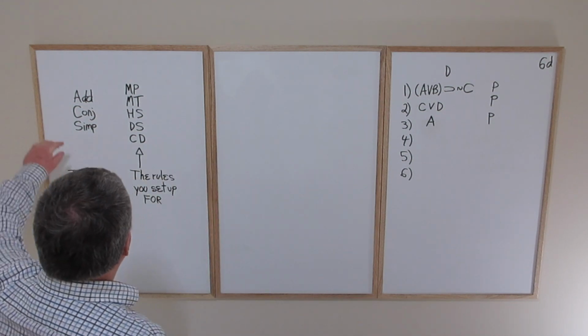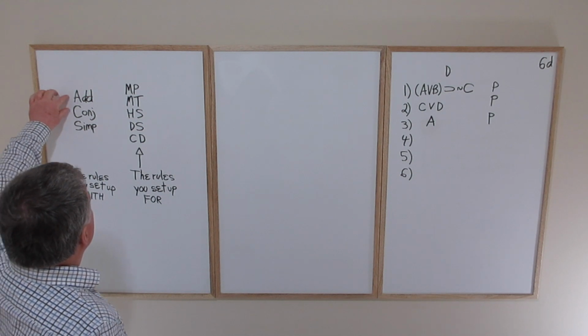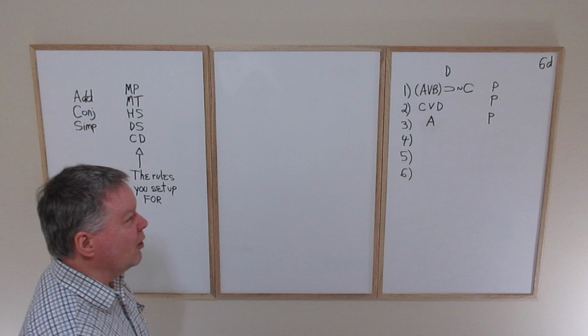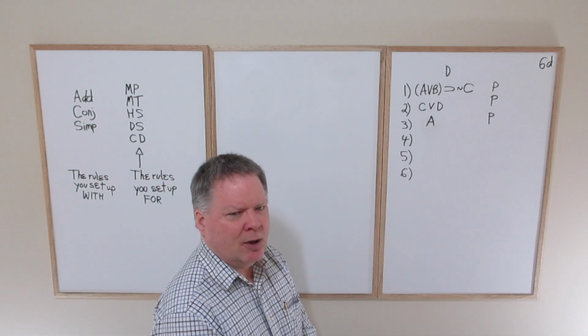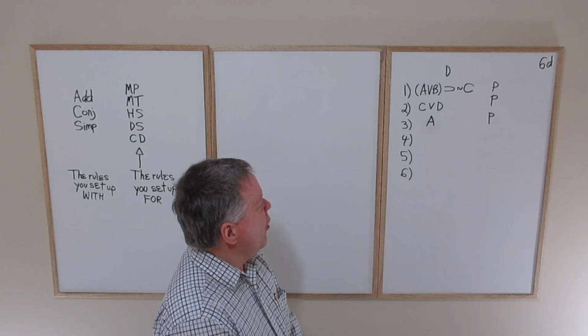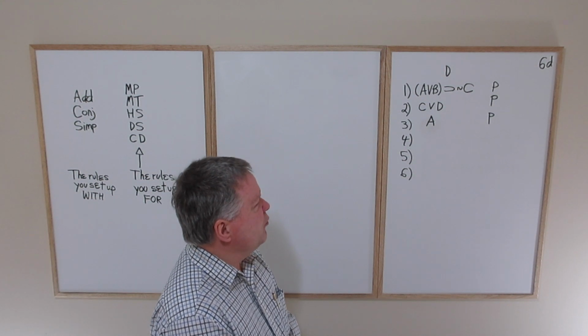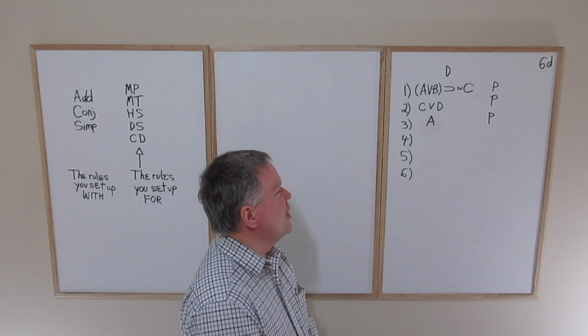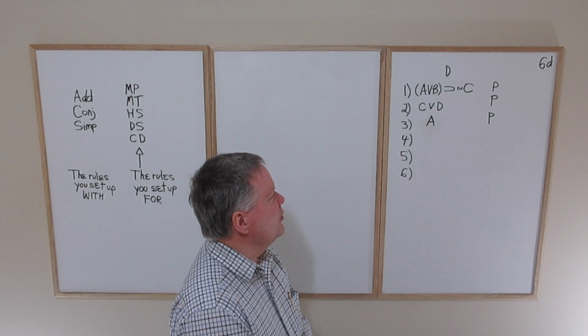Can you see any? And remember, there's always going to be addition and conjunction rule employment opportunities. With those, though, we have to ask ourselves, are there any useful addition or conjunction rule employment opportunities?